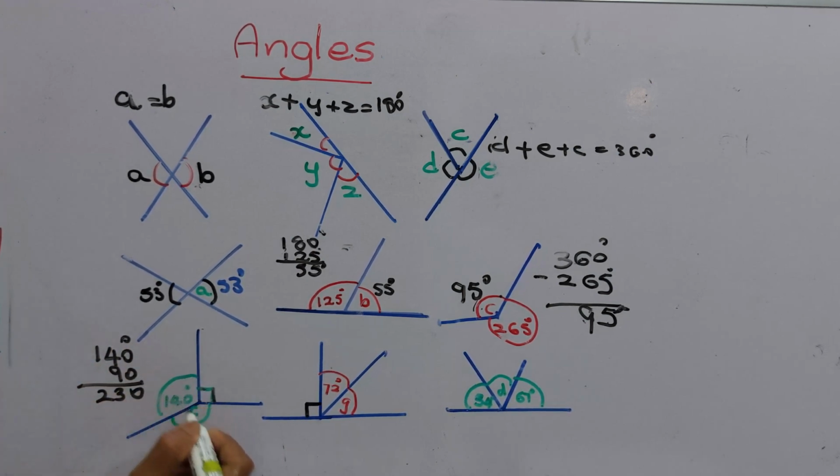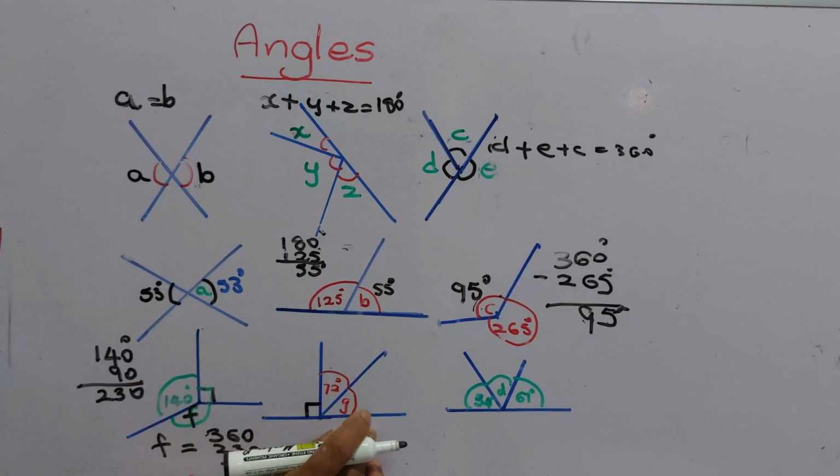Then we can find the value of F. We subtract 230 from 360. Then we can find the value of angle F. That is 130 degrees. Angle F is 130 degrees.